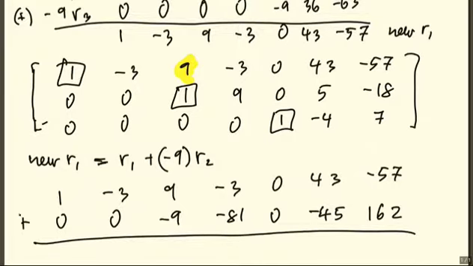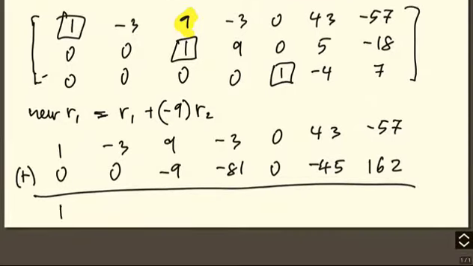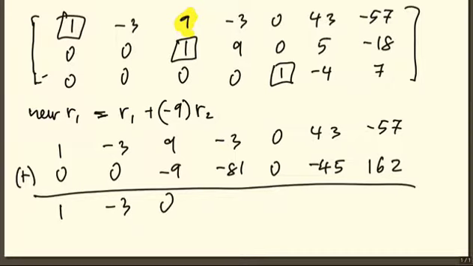And again we add these together to get 1, minus 3, 0, minus 84, 0, minus 2, and 105.